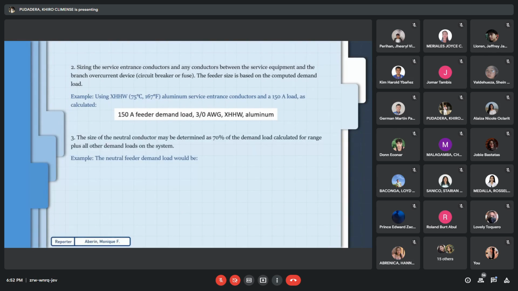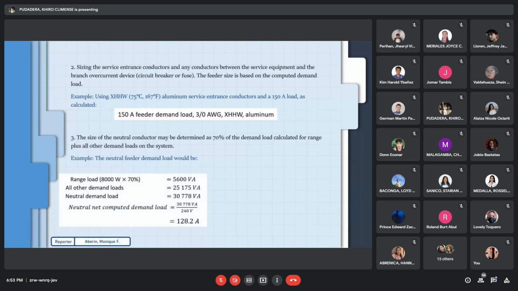Number 3. The size of the neutral conductor may be determined as 70% of the demand load calculated for range plus all other demand loads on the system. Example, the neutral feeder demand load would be range load 8,000 W times 70% equals 5,600 VA.